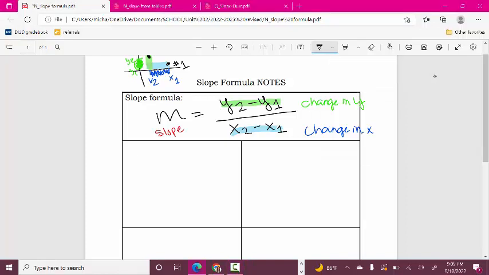Okay, we'll call this box example number 1. And in example number 1, instead of being given a graph, we're going to be told that the 2 points on the graph are (-2, 3) and (4, 8). Okay, and you guys probably see this and you're like, well, why can't I just get graph paper and graph it?